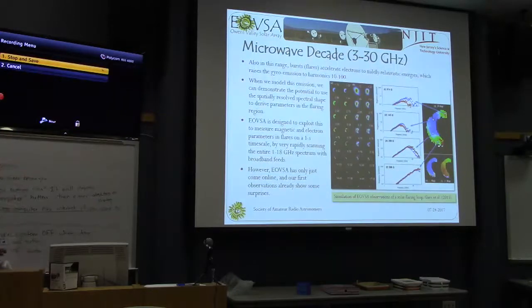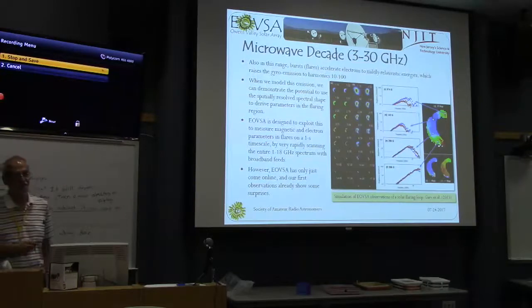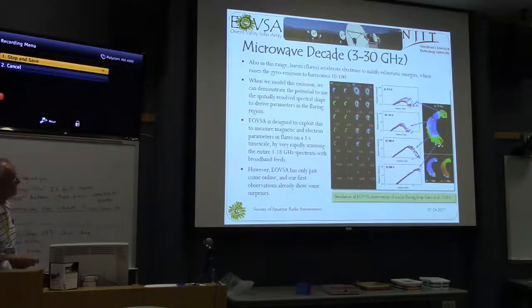So EOVSA is designed to exploit this technique to measure magnetic and electron parameters on a 1-second basis. Every second we'll be able to measure the variations of magnetic field and particle energies. It does that by rapidly scanning across the entire 1 to 18 gigahertz spectrum using broadband feeds.